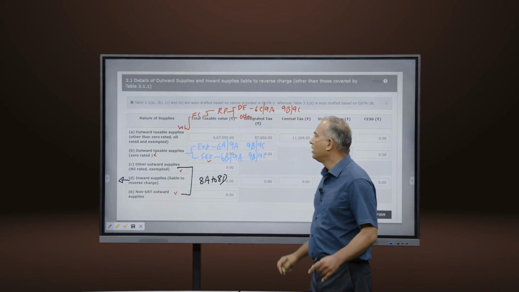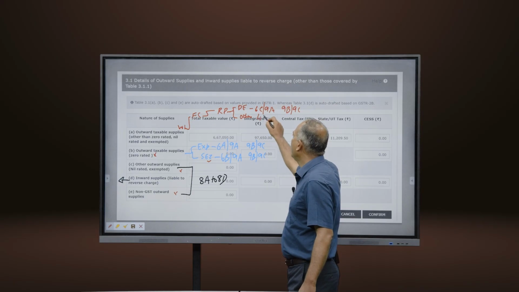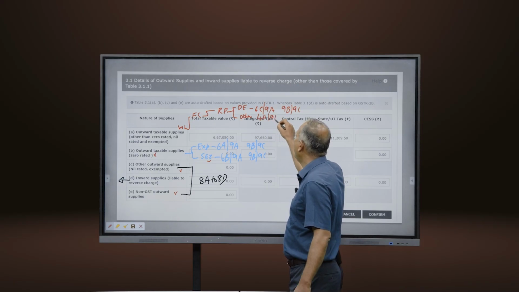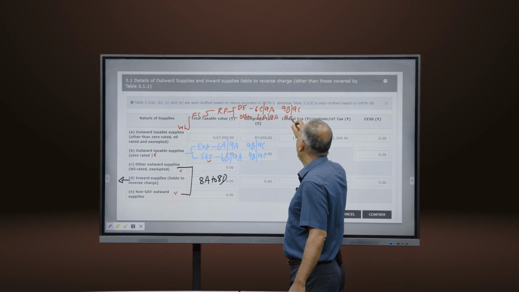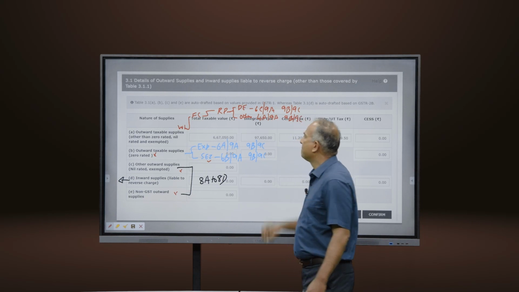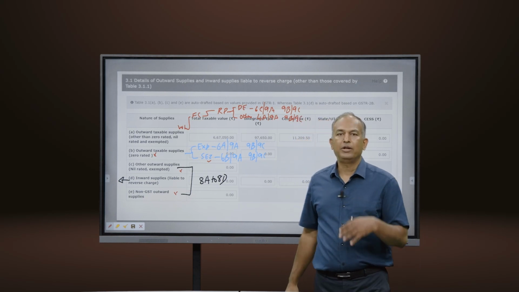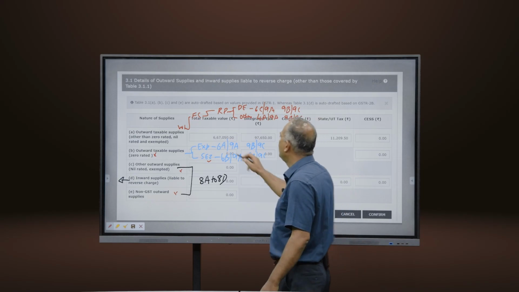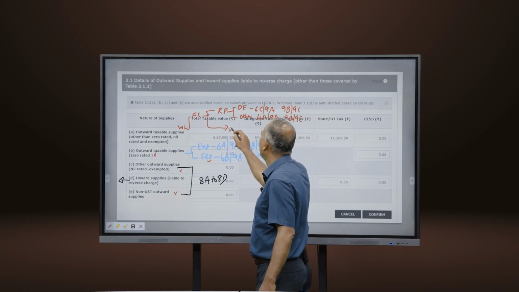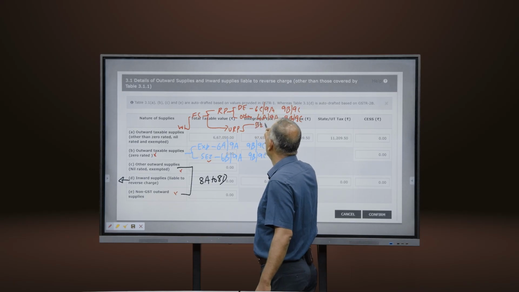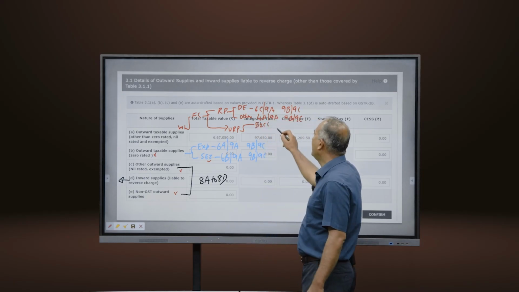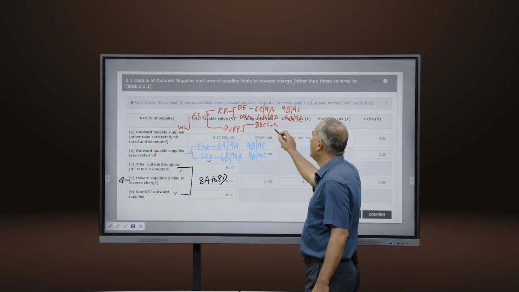In registered person, the next one is others. In others, it will be under table 4A, amendment under the same 9A, 9B, and 9C. Forward charge, registered person. You have the next part, which is the unregistered person. In unregistered person, if you recall, you had B2C large. B2C large was invoice-wise entry, which was shown under table 5.